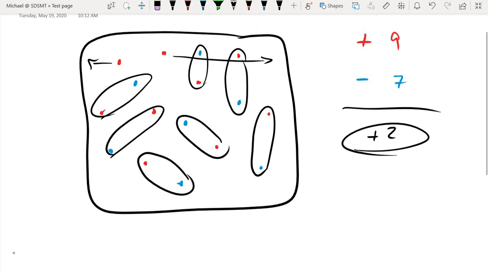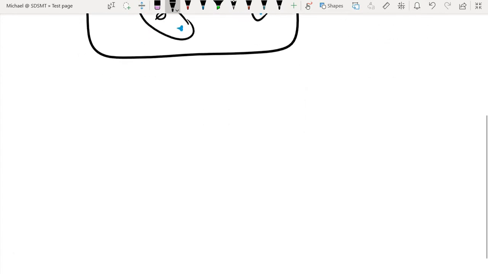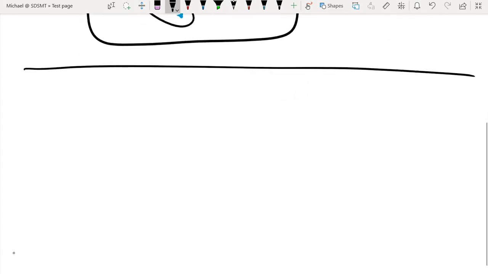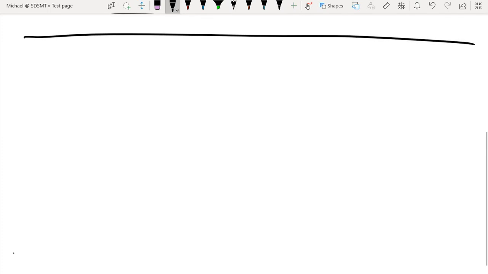Every time we have a pairing of a positive and a negative, we produce what is called a null charge. But we have an excess amount of charge in the system, and so we need to see what's going to happen with that excess charge.